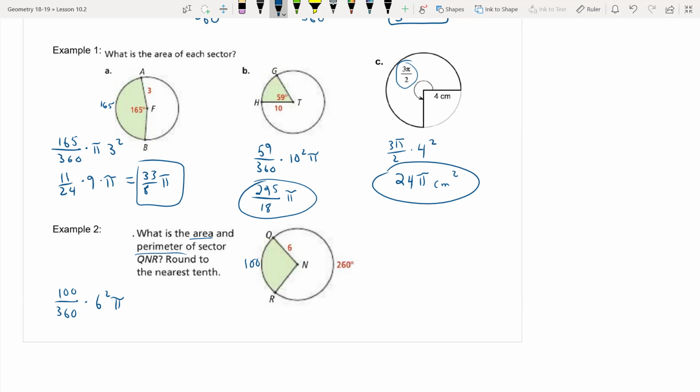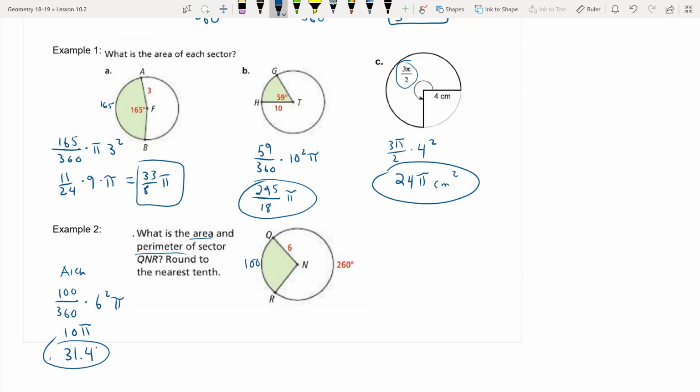And if I do 100 divided by 360 and turn it into a fraction in my calculator, I've got 5 over 18, and I'm going to multiply that by 36. So I've got 10 pi as my final answer for the area. Since it says round to the nearest tenth, then we can actually multiply by pi. So you do 10 times pi, and you get 31.41, or just 31.4. So that's area.